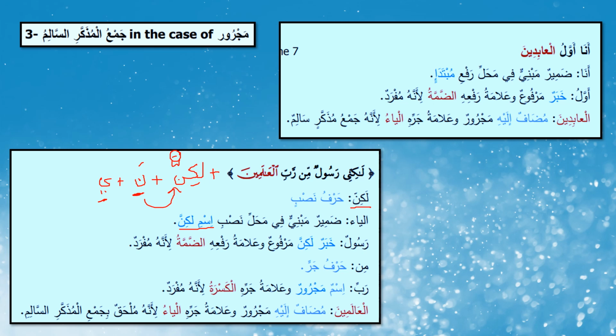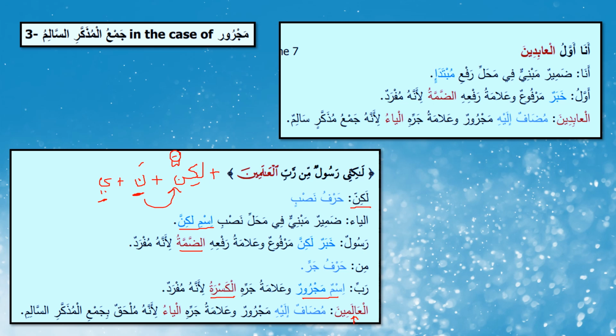Then rasulun is khabar lakinna and it's mufrad. Why? It's having a dhamma. Min harf jar and Rabbi falls in ism majroor position. It's singular because you can see the visible kasra. Then alamin. So you can see the difference. The lam has a fatha. So it is from alam.